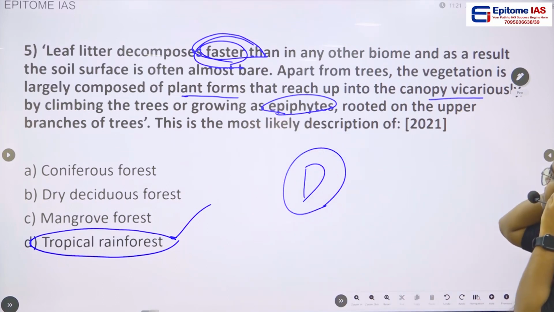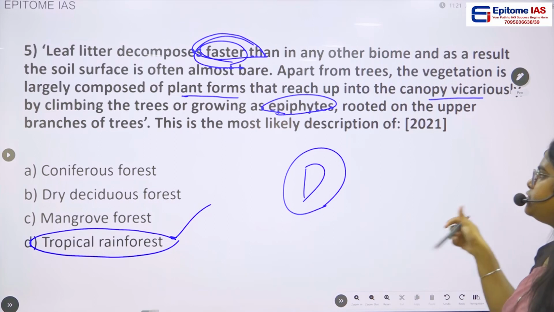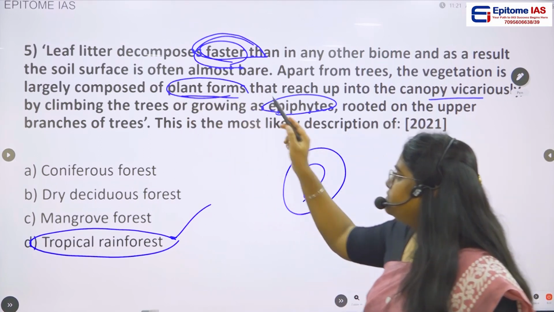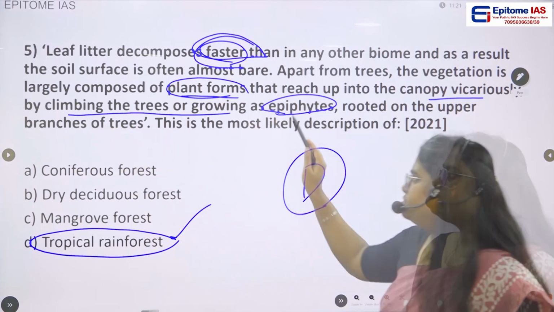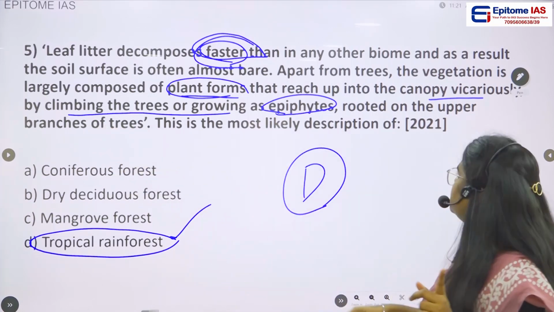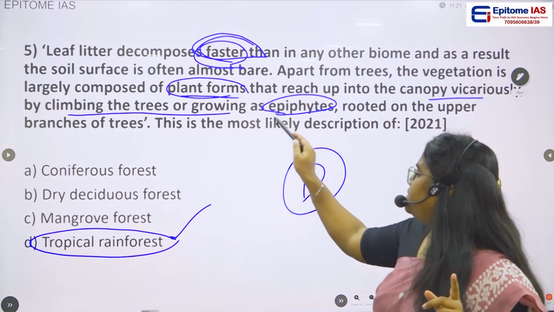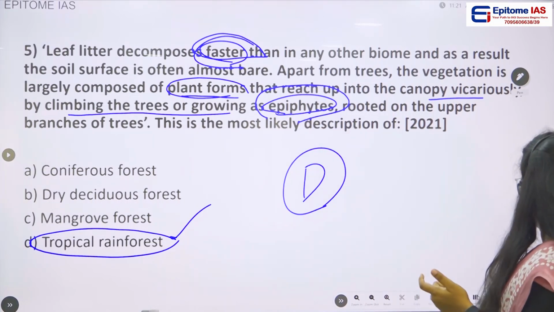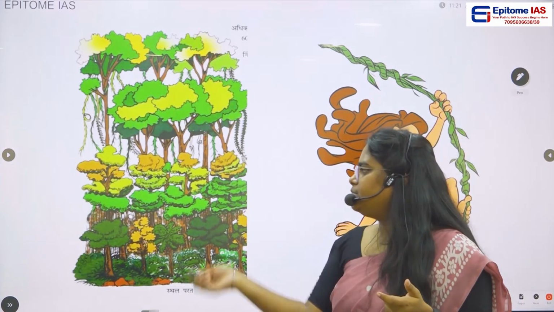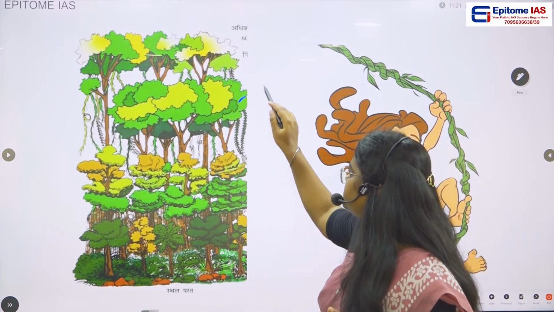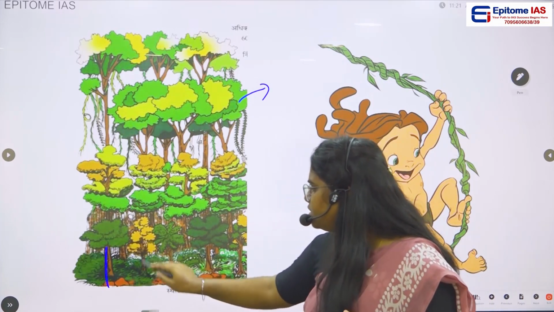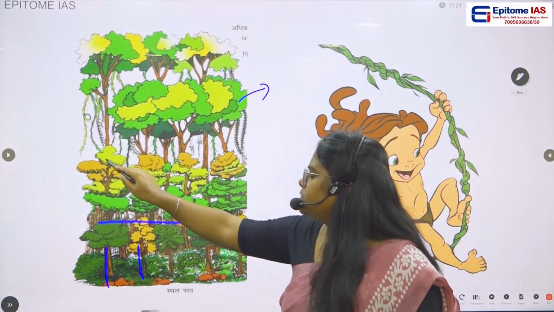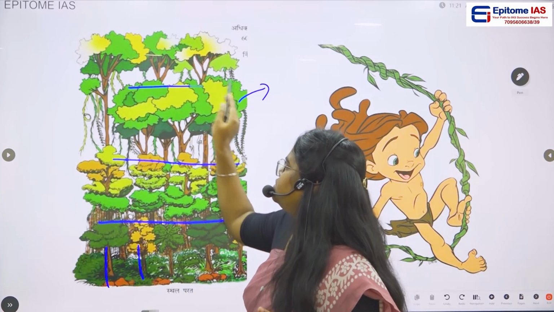Apart from trees, the vegetation is largely composed of plant forms, and they are especially talking about the climbing plants known as epiphytes. So if you see here in this picture, you can understand. This is the picture of a tropical rainforest. You will have different layers of trees, different canopies you can see.